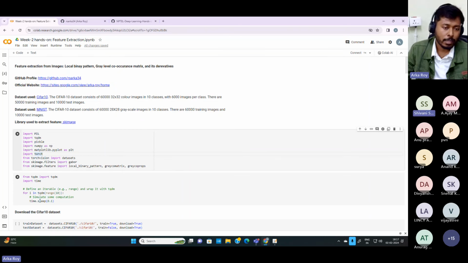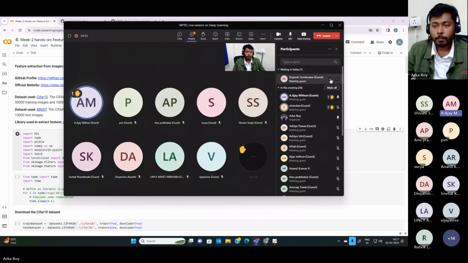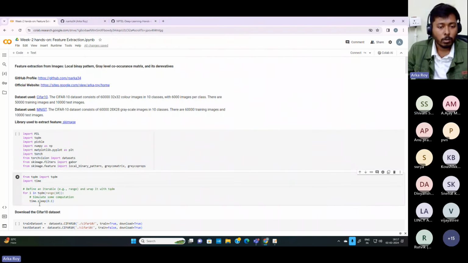I can print the time or just do a dummy operation. I'm writing a for loop here, and it will iterate over 10 such instances. It will give you a progress bar that is 10%, 20% completed, and until 100% is completed.